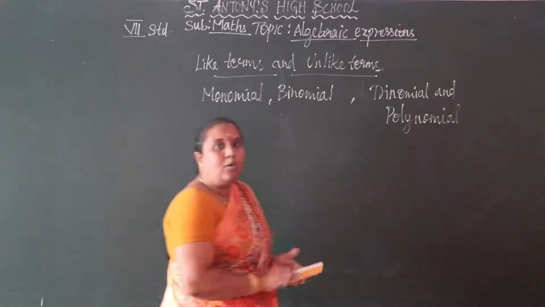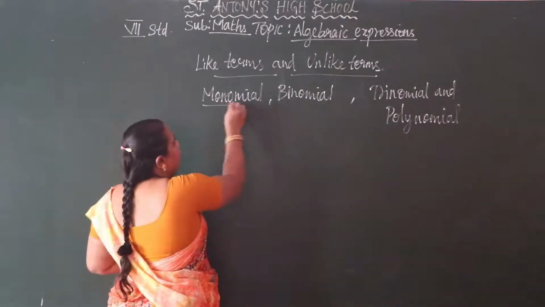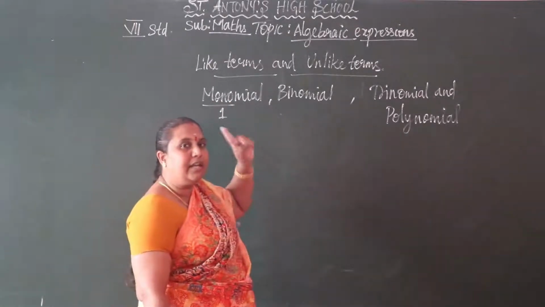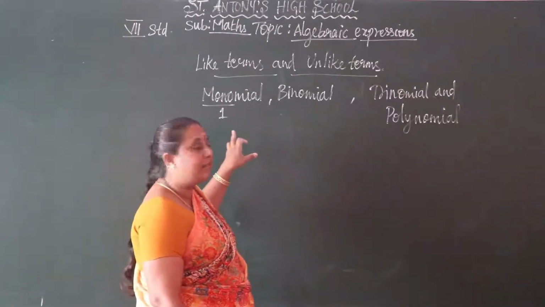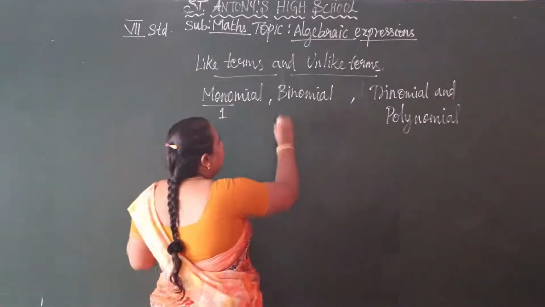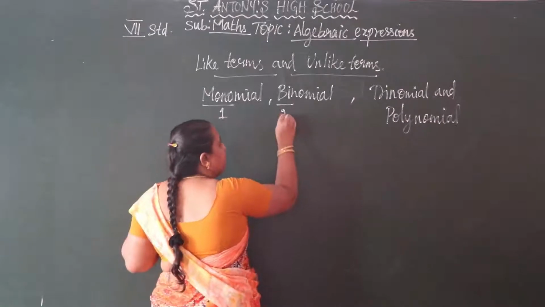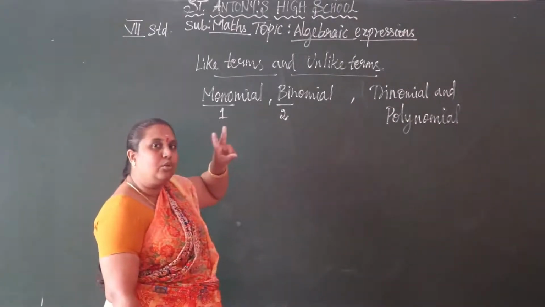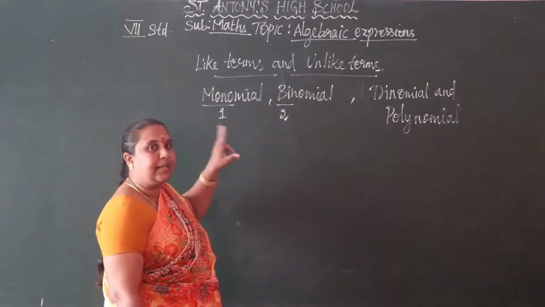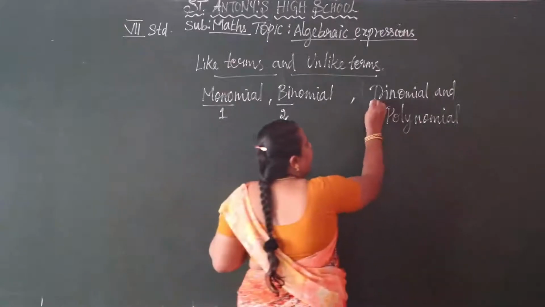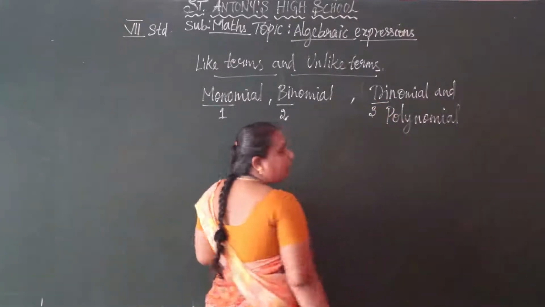See here, monomial. Mono means 1. Only one term in an algebraic expression, we say it is a monomial expression. Binomial. Bi means 2. Binomial means we have 2 terms in an expression, so we can say it is a binomial expression. And trinomial. Trinomial means 3.